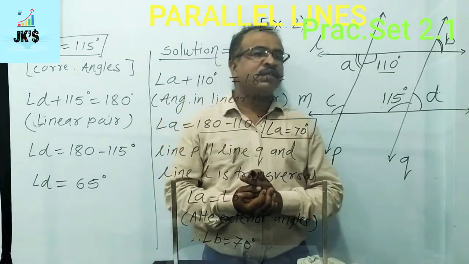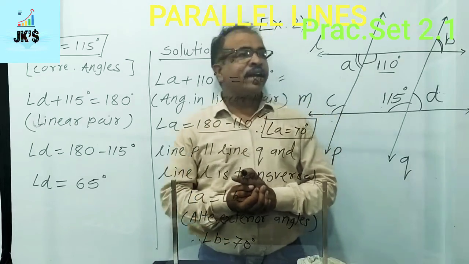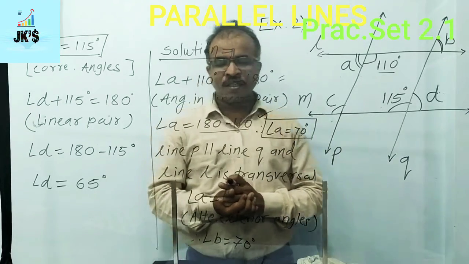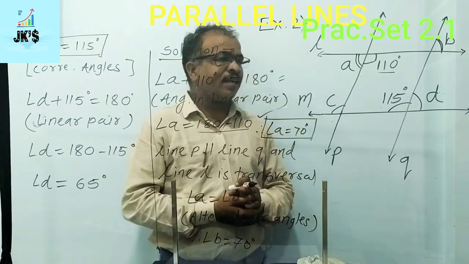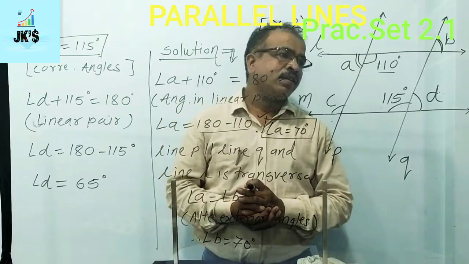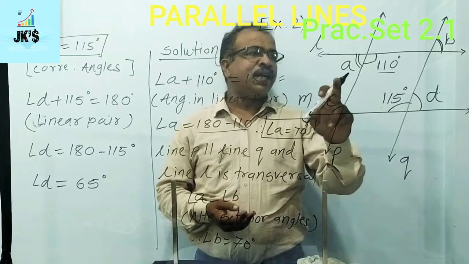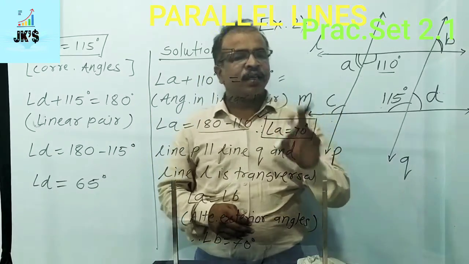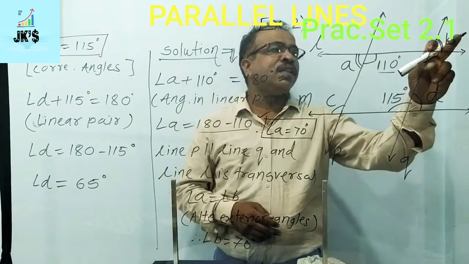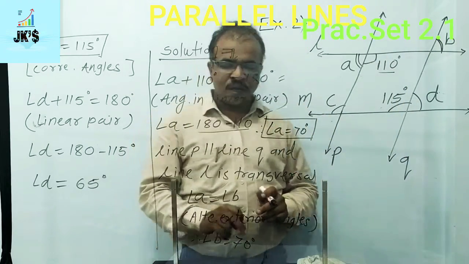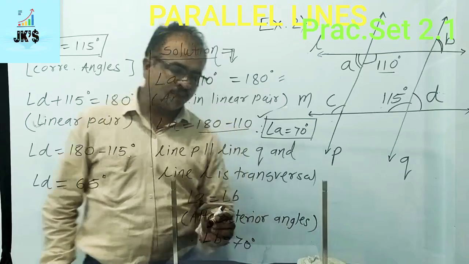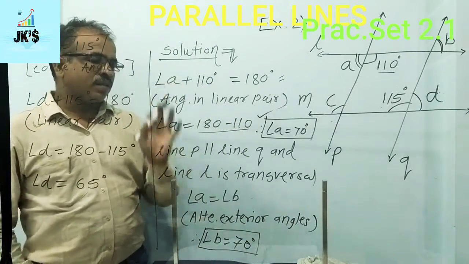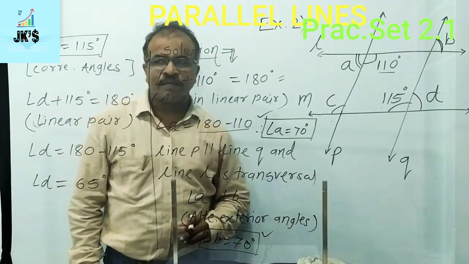They are alternate exterior angles, and alternate exterior angles are congruent. Means angle A equals angle B. But angle A is 70, so this also is 70. So angle B equals 70 degrees. This is our second.